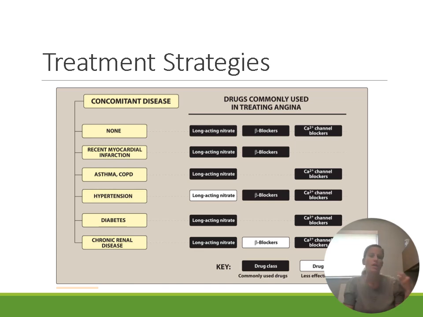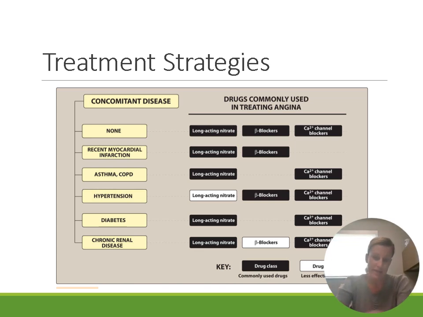So here you guys can see the drugs that tend to kill 2 birds with 1 stone, or drugs that you can use for angina that are also good at treating other diseases that the patient might have. So here you can see a recent MI.